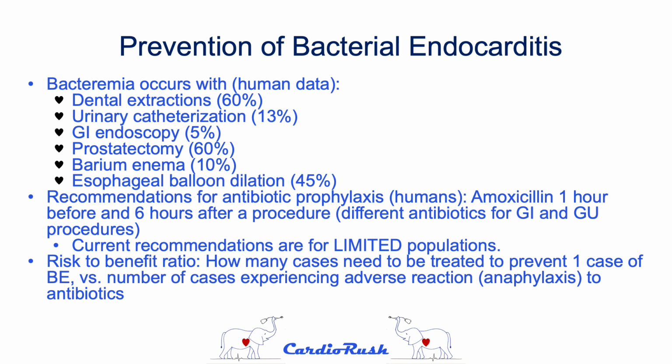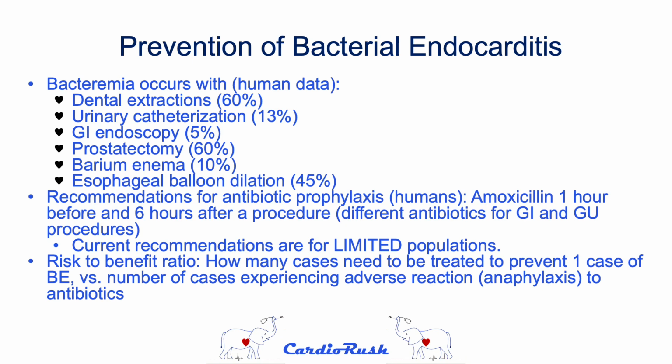So the restrictions on when to give antibiotics for certain situations have developed over the last 10 or 15 years on the basis of trying to calculate the risk to benefit ratio. How many animals need to be treated in order to prevent one case of bacterial endocarditis? And how does that number needed to treat compare to the number of individuals that might experience a significant adverse reaction like anaphylaxis to the antibiotics?